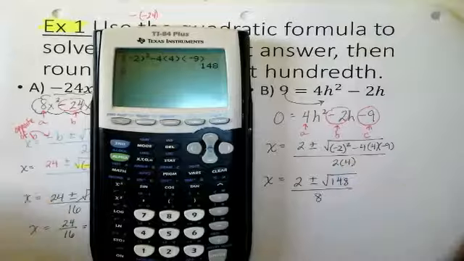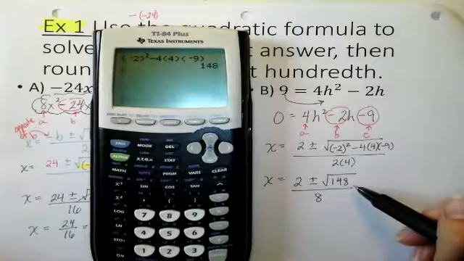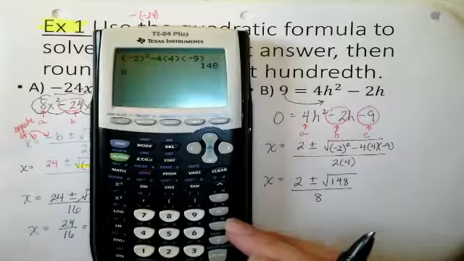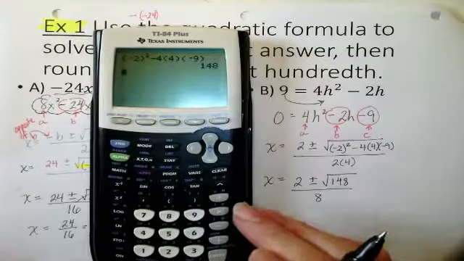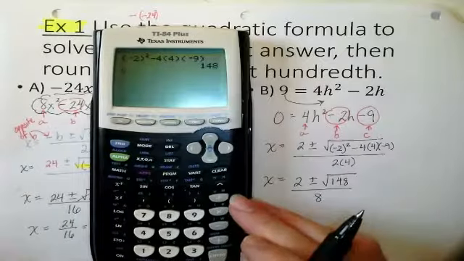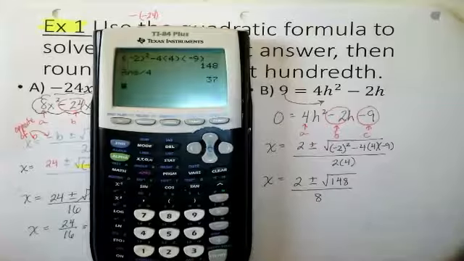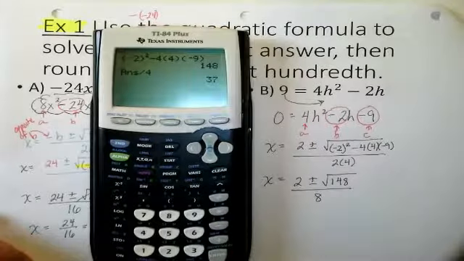Which is 8. So we do need to simplify 148. I need to look for some perfect squares. That is an interesting number, and I don't know what it's divisible by. I know it's divisible by 2. Let's see if it's divisible by 4. Ooh, all right, that's a good guess.